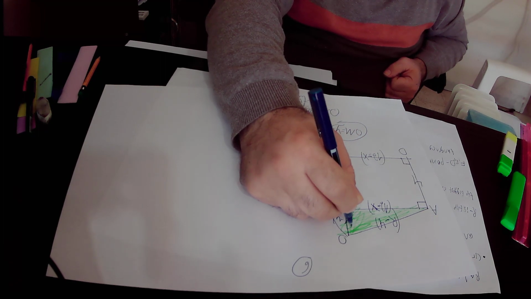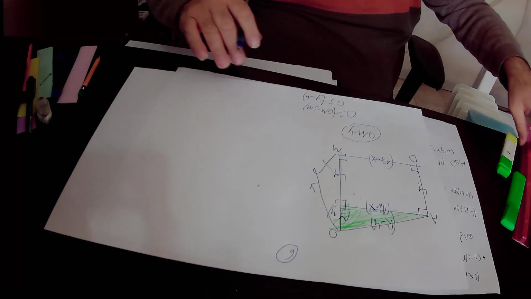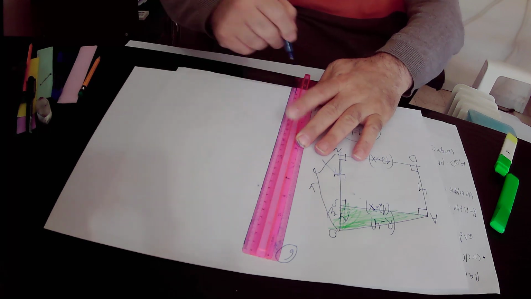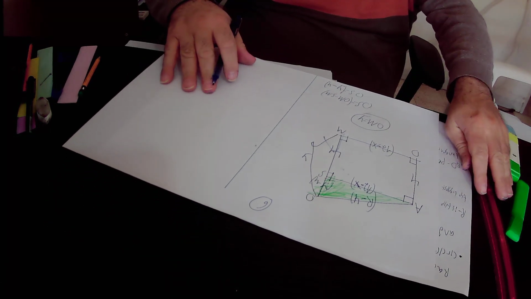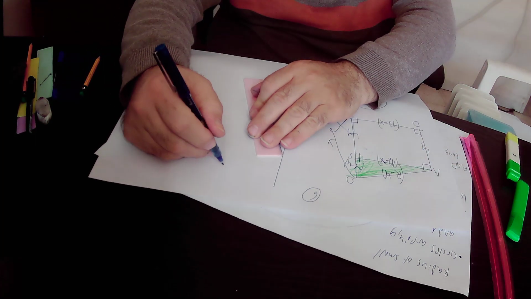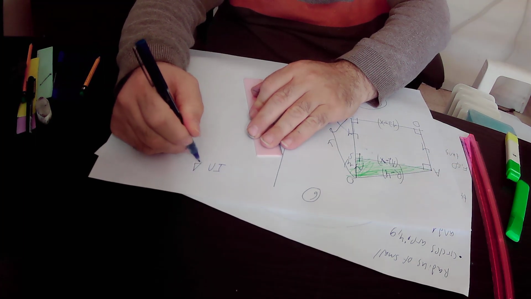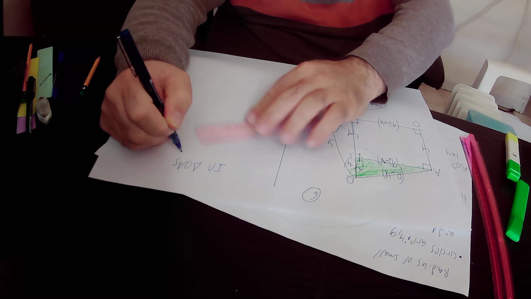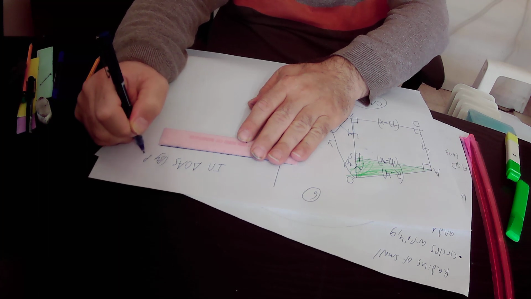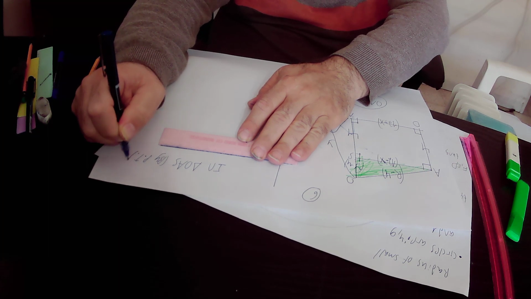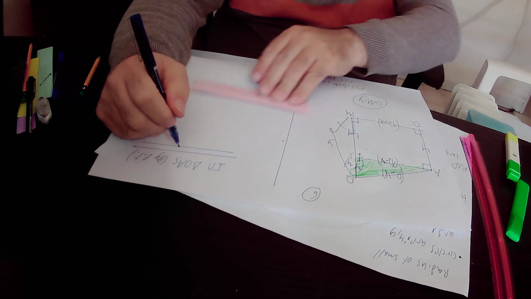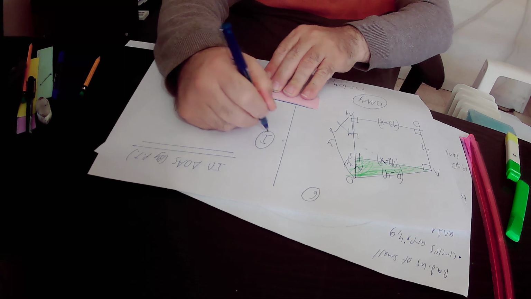Now we can implement the Pythagoras theorem on the right triangle, triangle OAS. According to the Pythagoras theorem, I will remind you that PT is abbreviation for Pythagoras theorem, the letters P and T. According to the Pythagoras theorem, this will be equation number 1.